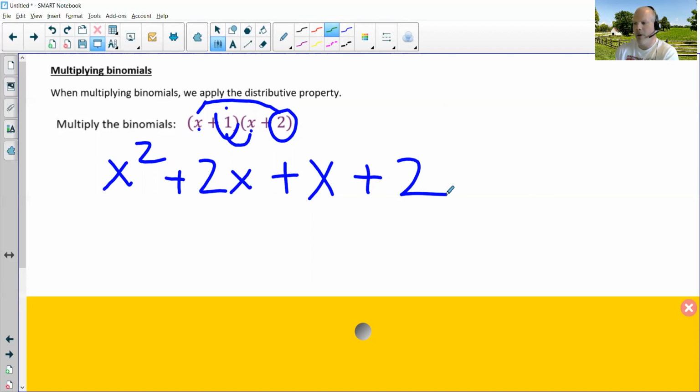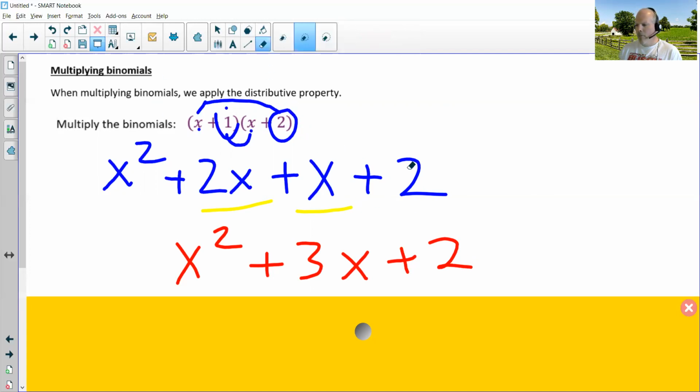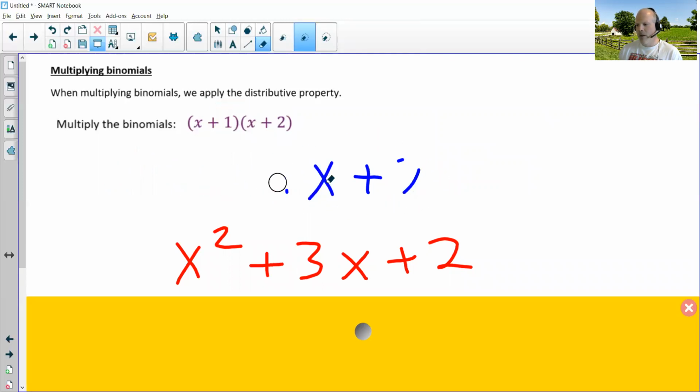Then I just combine my terms, because I have a 2x and a 1x, which can combine together, and I get x squared plus 3x plus 2. When we do this process, a lot of people prefer to use a mnemonic device to help them remember how to do it.